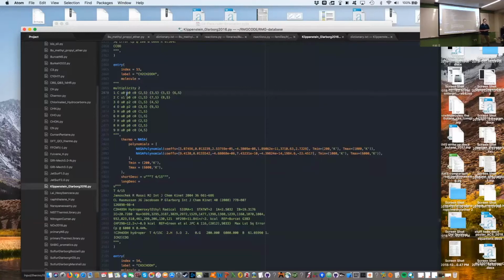RMG always assumes that the multiplicity is the number of radicals plus one, which tends to be an overestimate of the multiplicity. The multiplicity may be lower, but in most cases it doesn't matter that much.